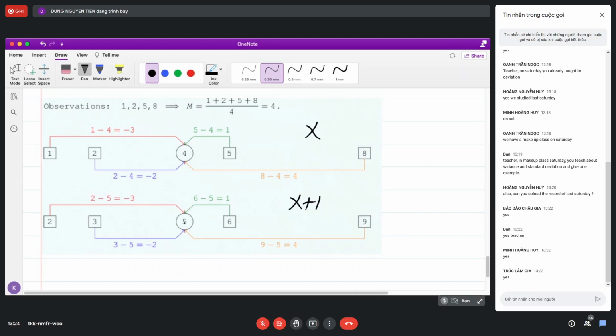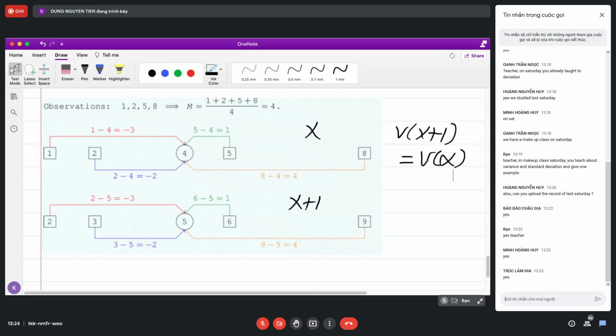You will get 5, and then you can compute the deviations. So you get 2 minus 5, which is minus 3. And then you still get minus 3, minus 2, 1, 4 for the deviations. It means that the variance of x plus 1 is the same as the variance of x.